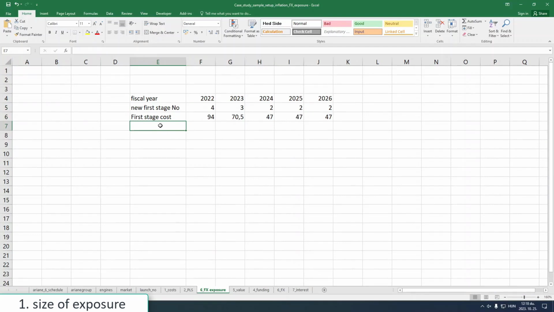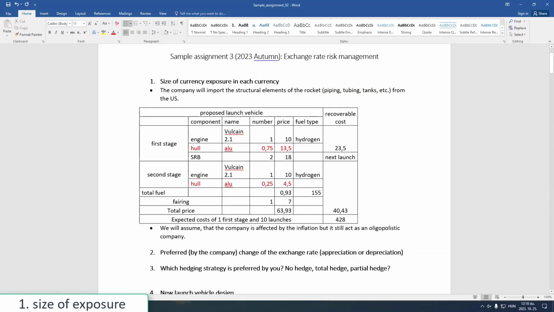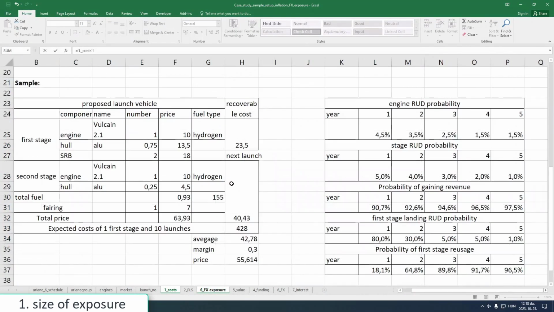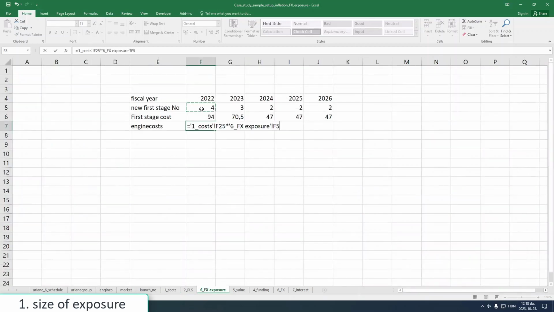So in this case we have to deduct engine cost, because at least I need only one engine, because this one is big. So what is the price for this one? 10. Okay, multiplied by this number here.